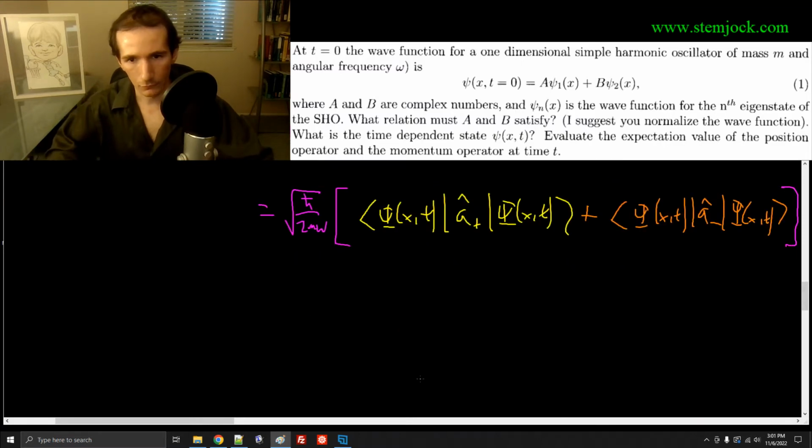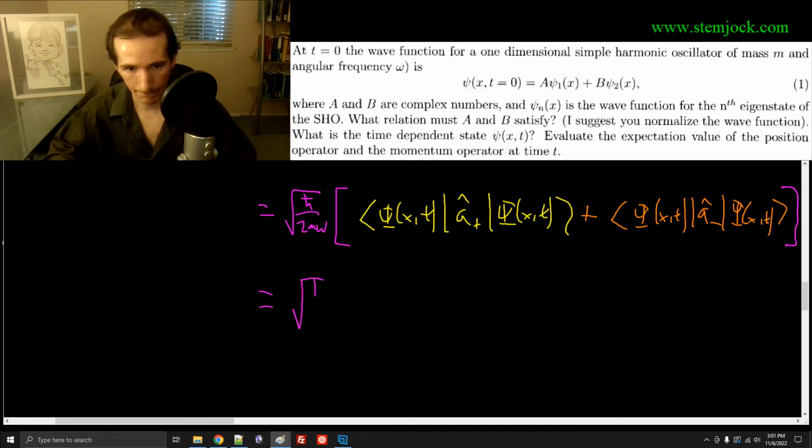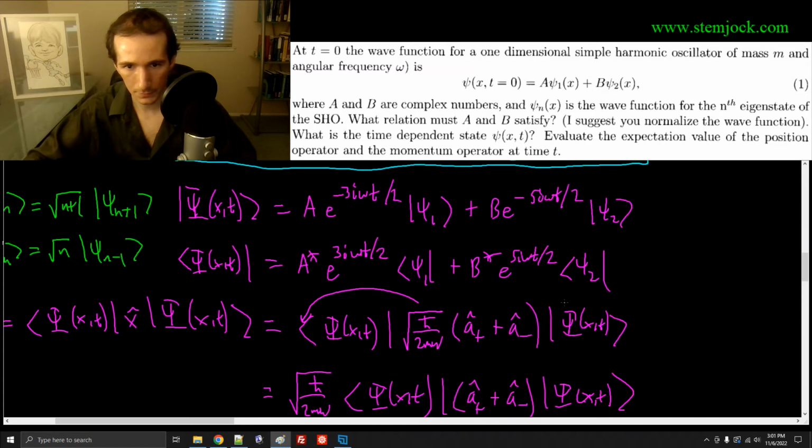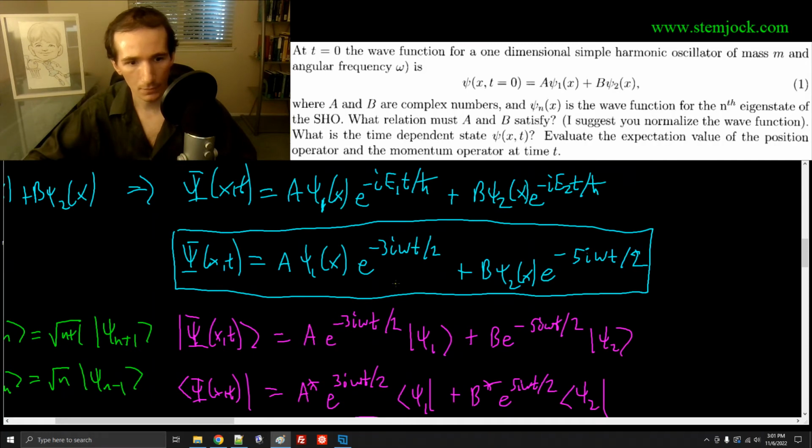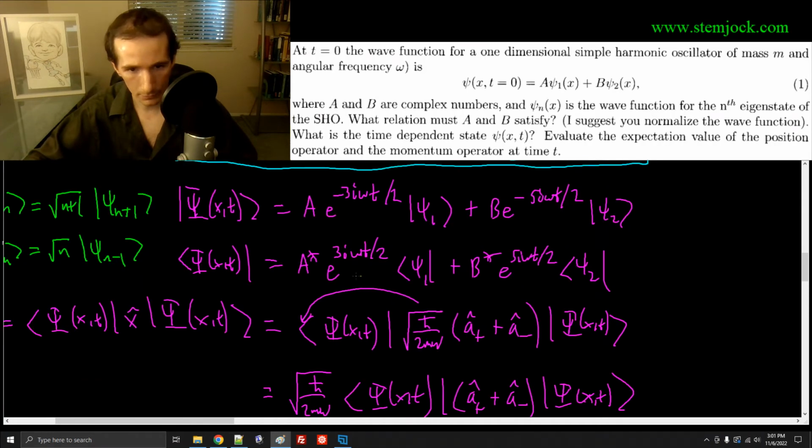So now I'm going to plug in the formula. I'm going to write down the formulas for the bra and the ket for each of these inner products. So in yellow here, the bra psi xt, that is this one here, a star e.